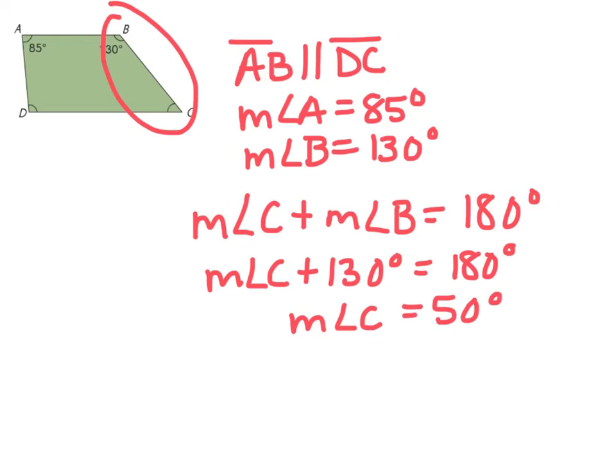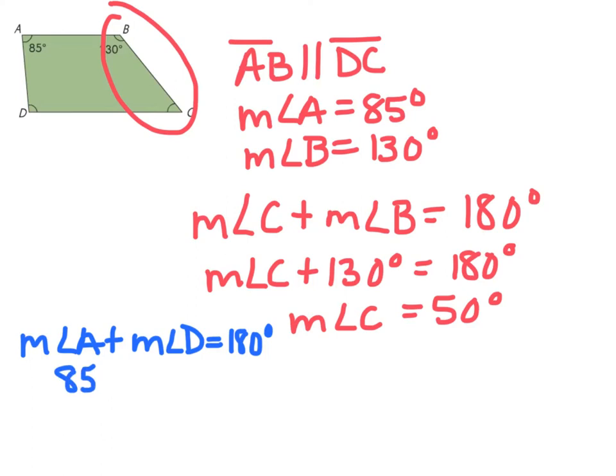Now we can do the same for the measure of angle D. The measure of angle A plus the measure of angle D will equal 180 degrees. We know that the measure of angle A is 85 degrees. And now we can solve for the measure of angle D, which will be 95 degrees.